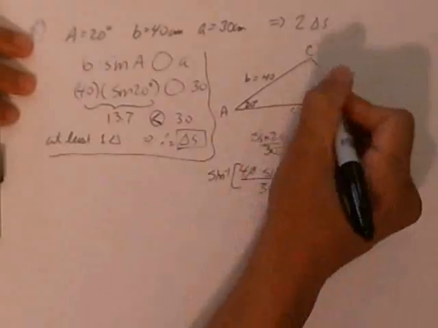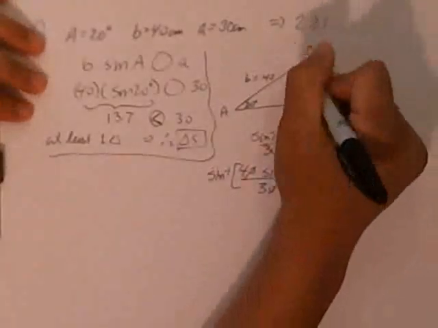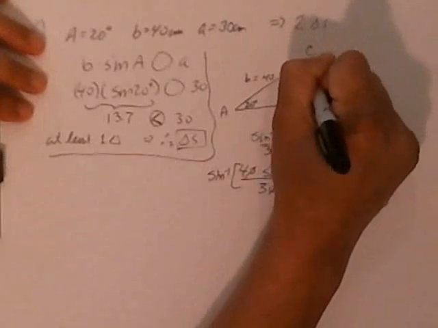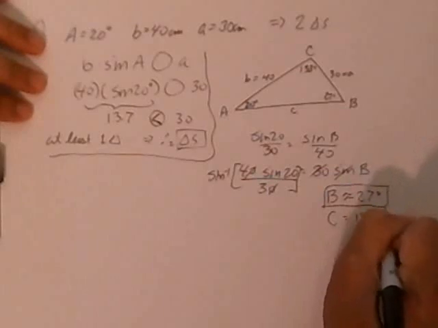And then we can figure out what big C is. We can go 180 minus 20 minus 27. That's going to be 133 degrees. So big C is equal to 133 degrees.